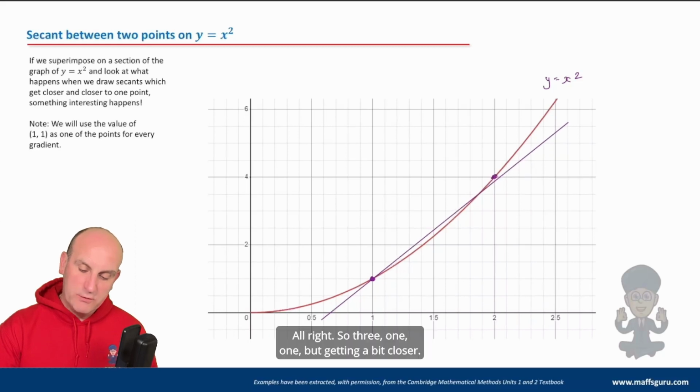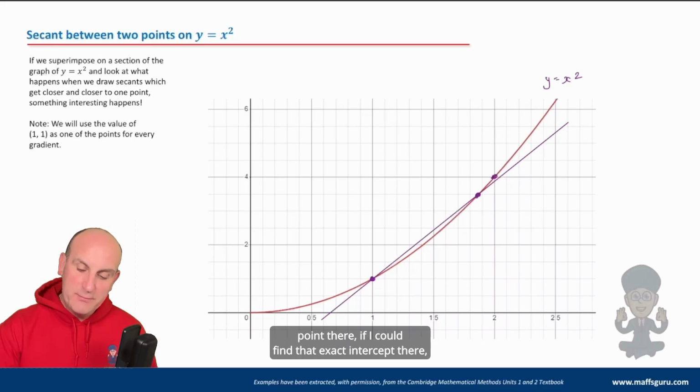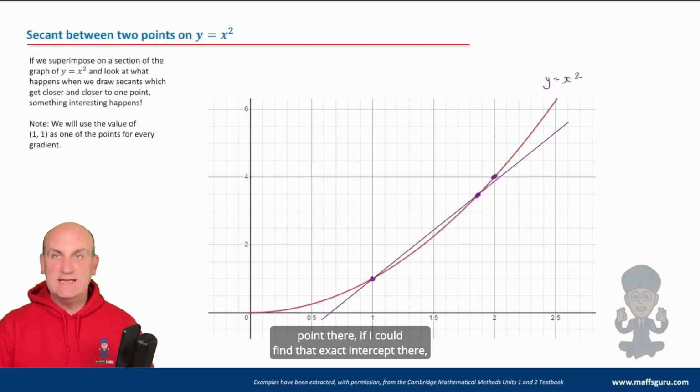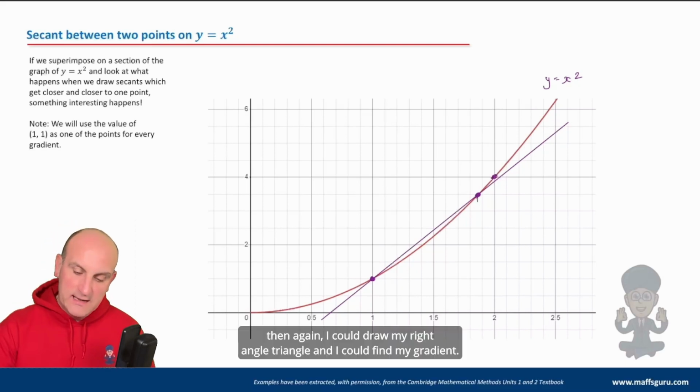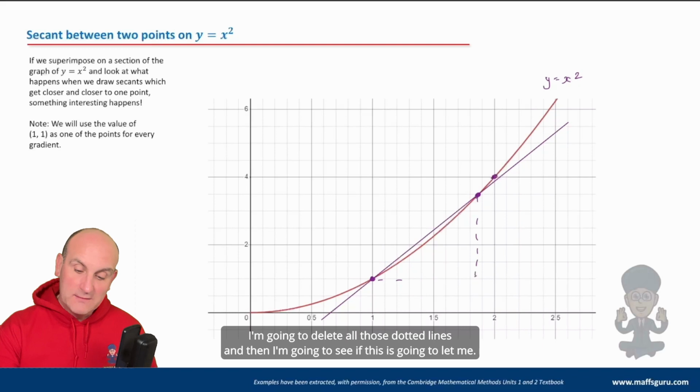So if I could find that exact intercept there, then again, I could draw my right angle triangle and I could find the gradient of that secant. Well, guess what? I'm going to delete all those dotted lines and see if this is going to let me. Yes, it is.